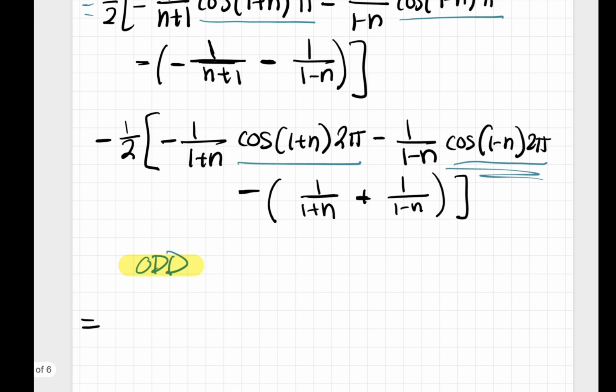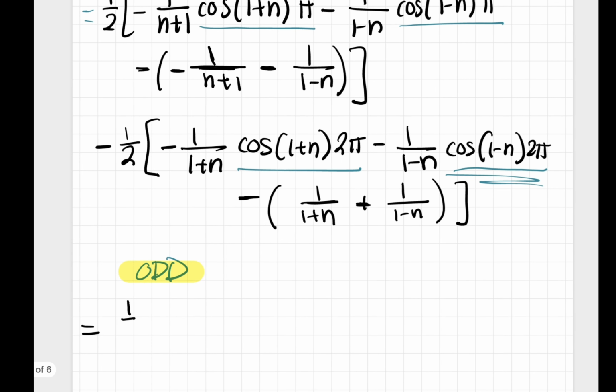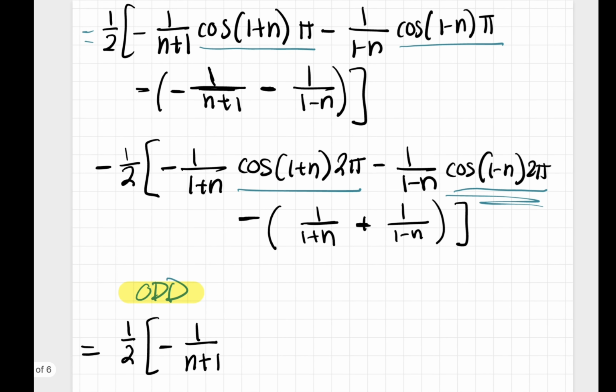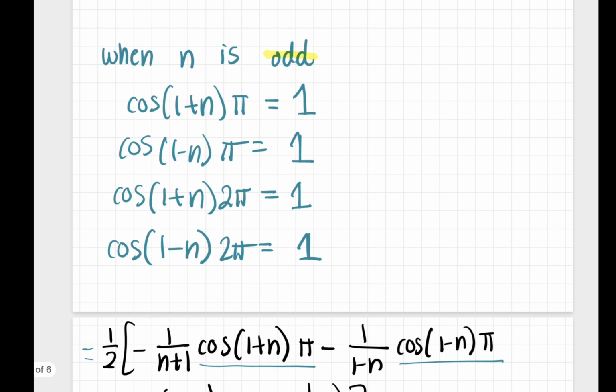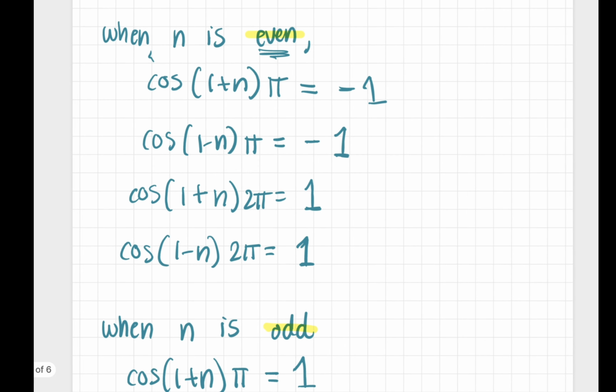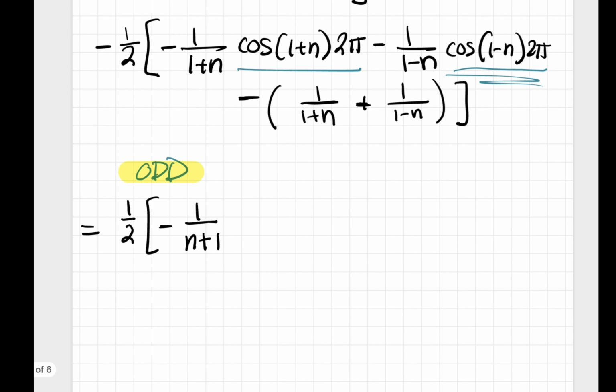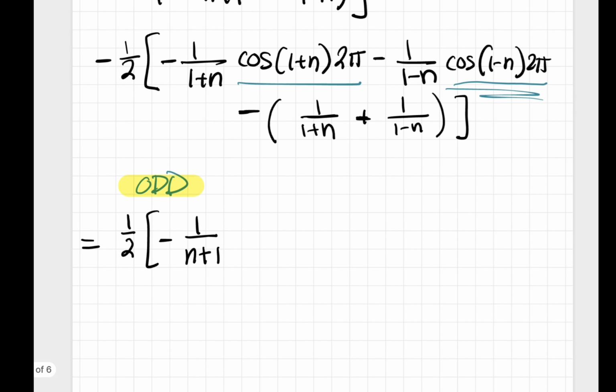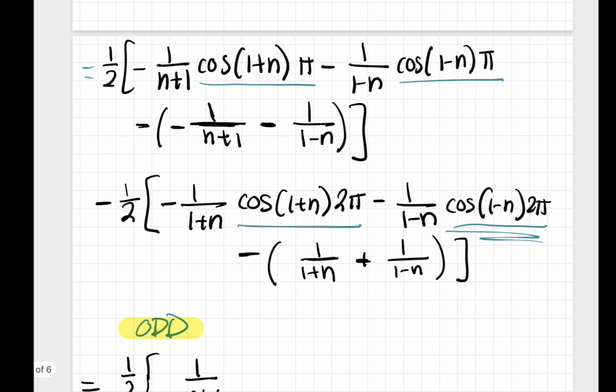So what will we get then? Well, we have 1/2 minus 1 over n plus 1. Cos(1 + n)π when it is odd is −1. So then essentially we multiply this by −1. If you multiply it by −1, then this −1 gets canceled. So that's just going to be positive 1 over n plus 1.